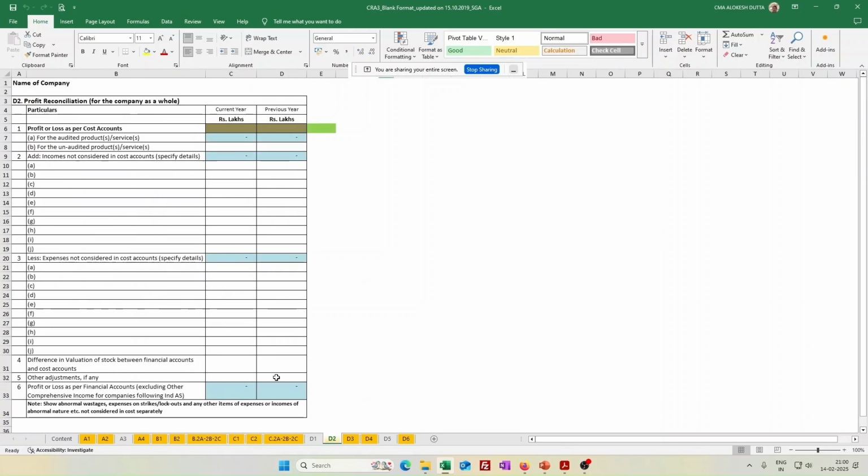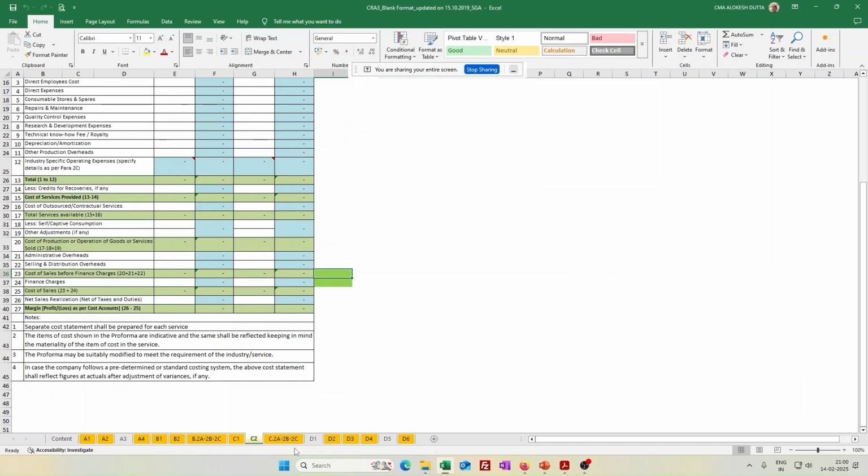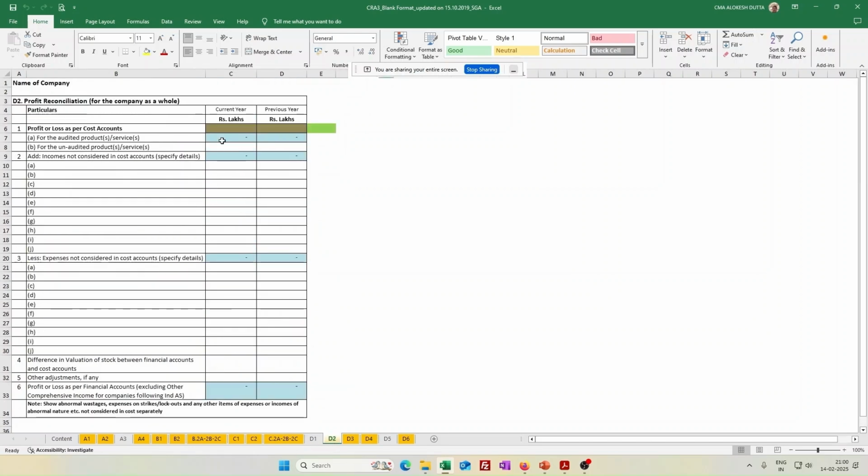D2 is a reconciliation. You start from cost accounting, profit as per cost accounts. That means from B2 or from C2. You have to start from here.